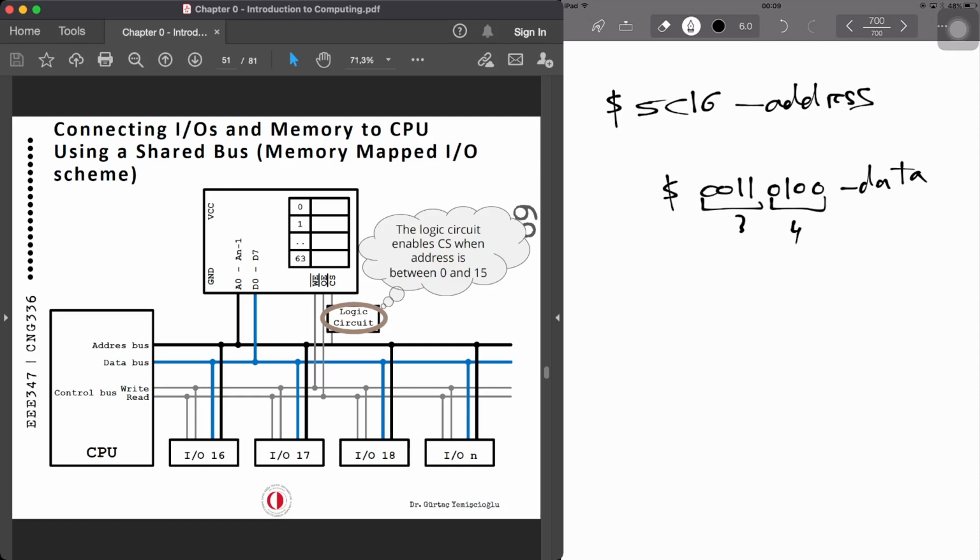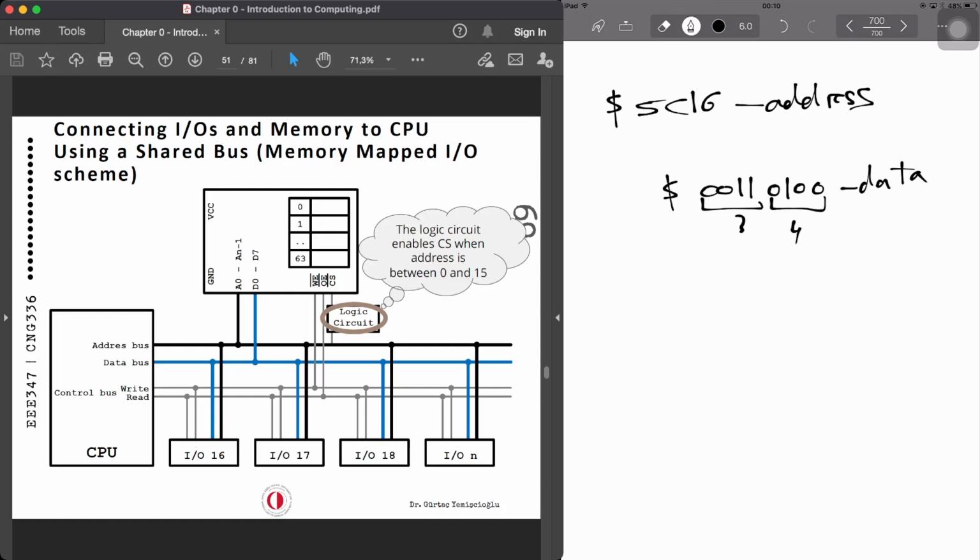Memory chips have a chip select, which must be activated in order to access the contents of that memory or to write to it. This chip select is sometimes also called chip enable.